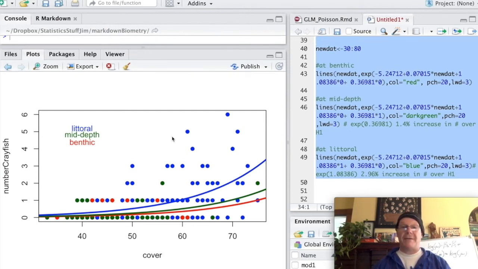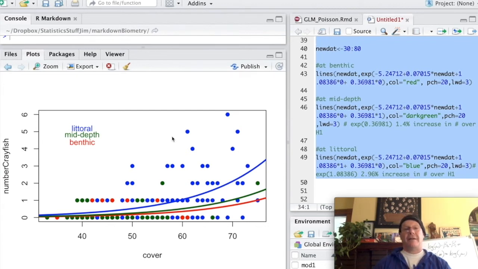And then once we have that, we can proceed just as we had done with any other kind of linear model where we are doing hypothesis testing. And so once you can get your head around how the link functions are working, generalized linear models are really as much of a piece of cake, I guess, as any of the other models that we've been playing with up to this point.